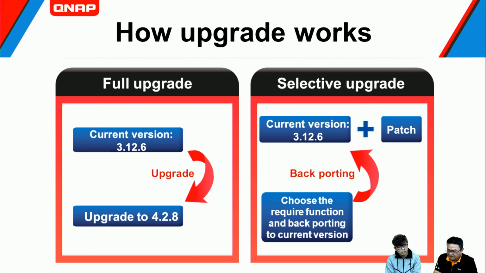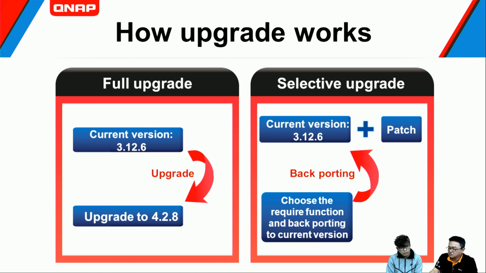The next type is called the selective update. For example, the current version is 3.12, but we need to support a new driver or new card, for example a new graphic card, but that driver only supports, for example, 4.2.